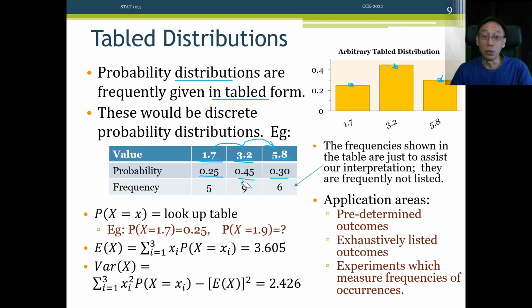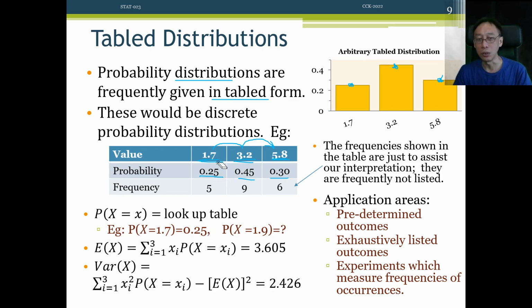So how do we calculate the probability? Very easy. Just look up. What's the probability of 1.7? Just check it out. There's no other way. You cannot use a calculator and plug into a function like x squared minus 3x. You just look up the table and you get 0.25. What's the cumulative probability, the CDF, of 3.2?